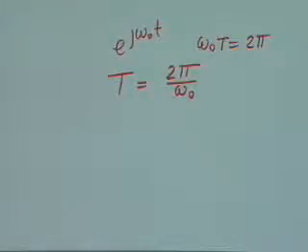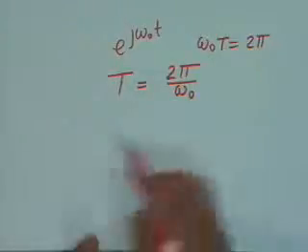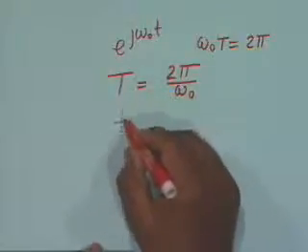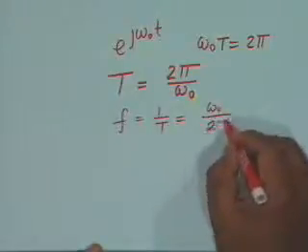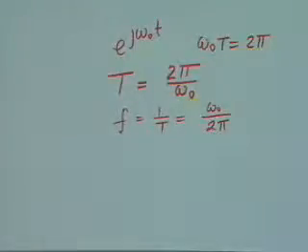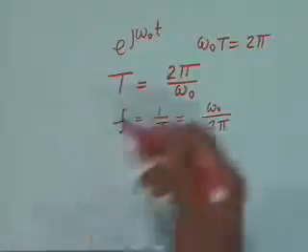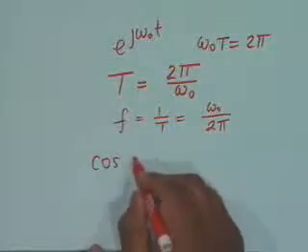This is the period or fundamental period of the exponential signal, and the frequency f, which is 1 by T, is therefore omega 0 by 2 pi. A special case of the complex exponential signal is the sinusoidal signal, which can be either cosine or sine.